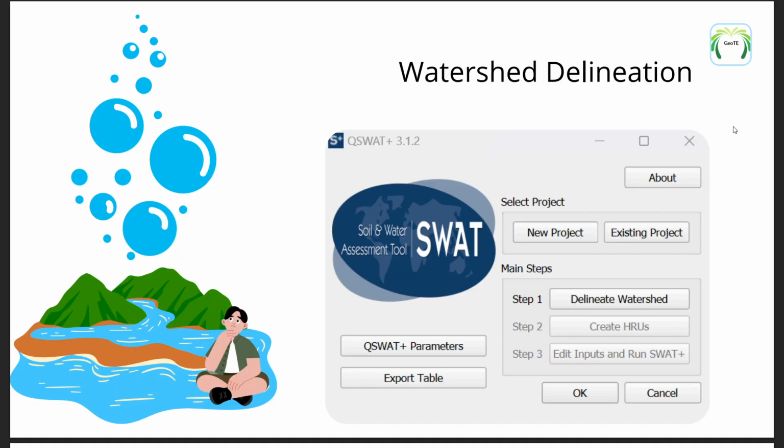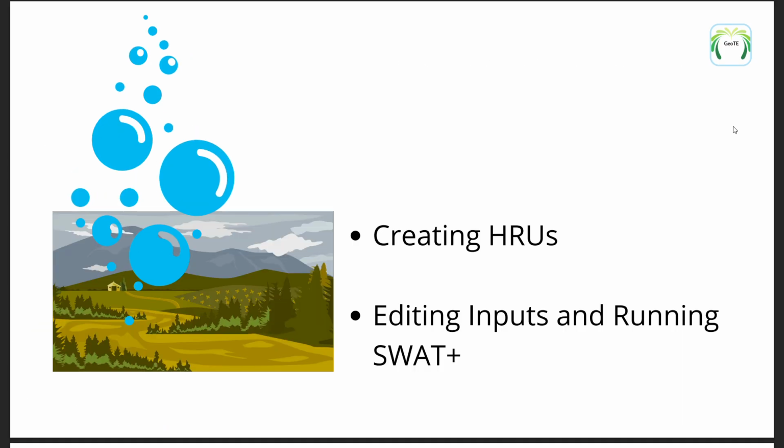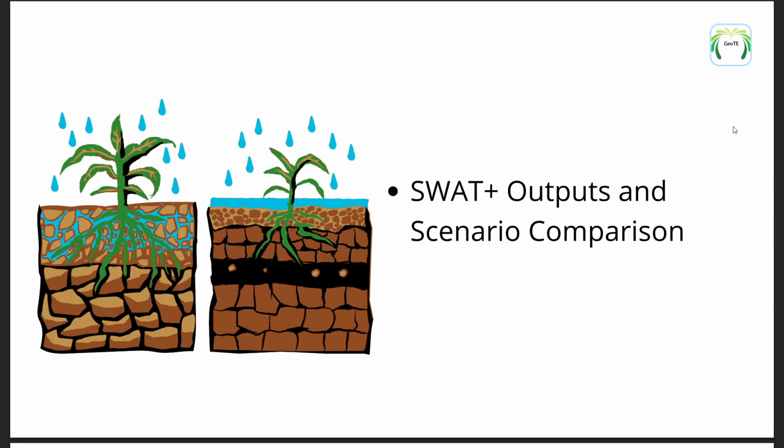We have delineated our watershed. We have created a hydrological response unit. We have edited inputs and run SWAT. The inputs we have added are weather data and run SWAT. And then we saw SWAT plus output and scenario.